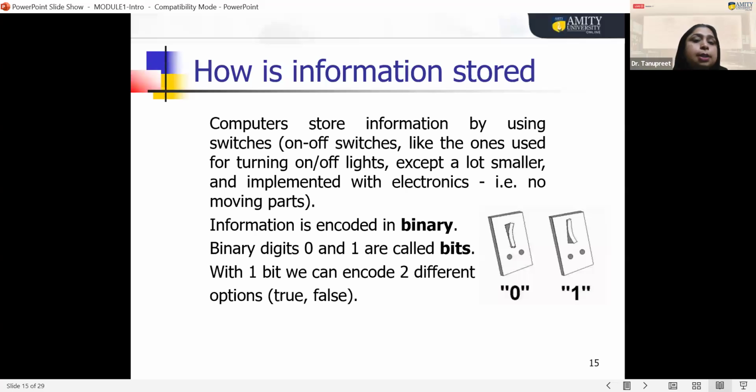This is how information is stored in a computer, and it's pretty simple, I guess. It's the binary system. In our module 2, we are going to discuss this binary system and how to work with Boolean algebra.